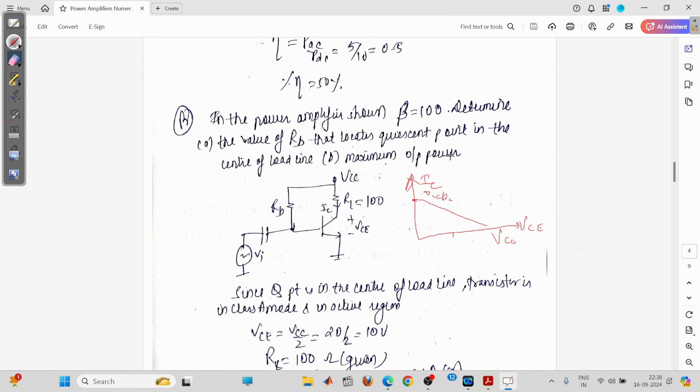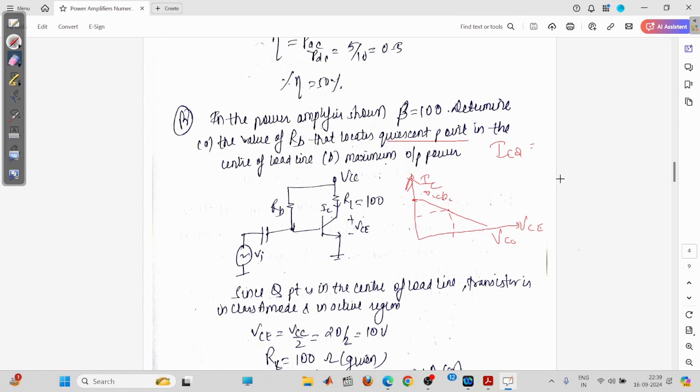So according to you, what is the quiescent operating point? ICQ will be equal to half, no? Because normally the operating point is located at the center. You can see that in the problem itself it is given that the quiescent point is in the center of the load line. Fine.